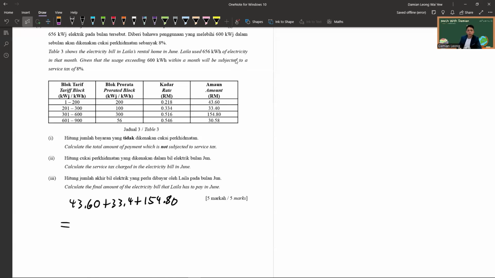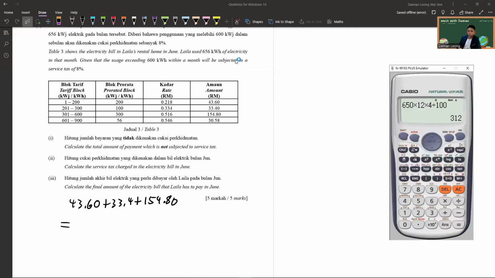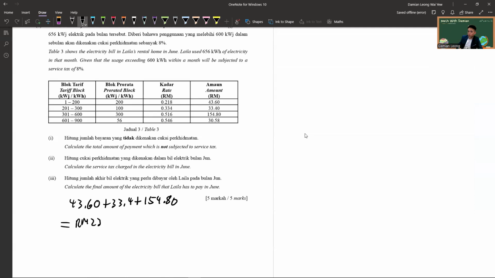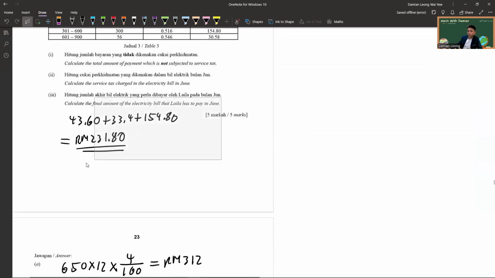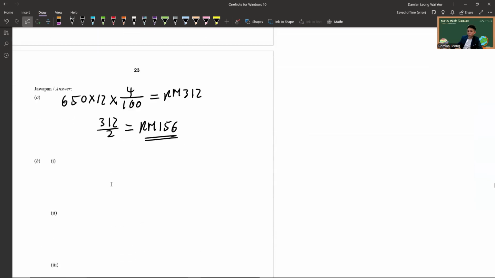Just add up those that are 600 and below. It's already given the amount. So 231 ringgit 80 cents. Let's calculate the service tax charge for the electricity bill in June.